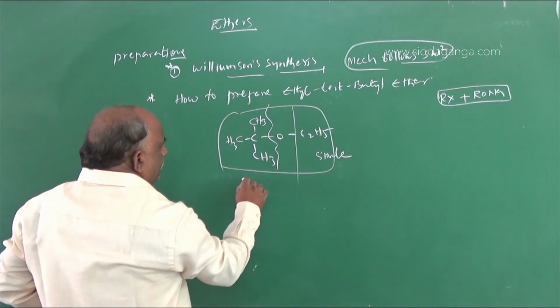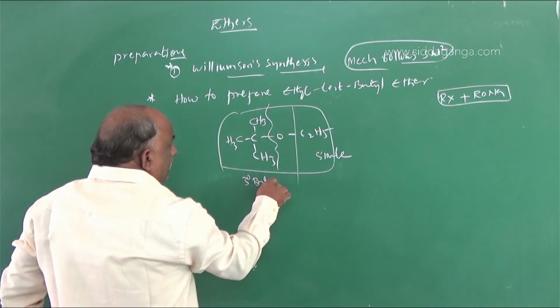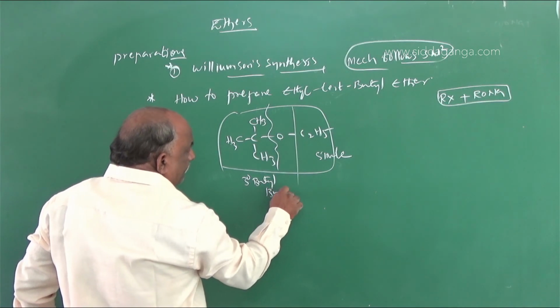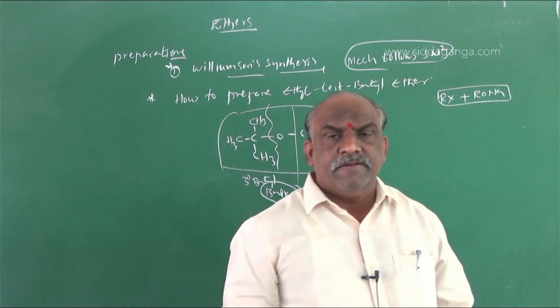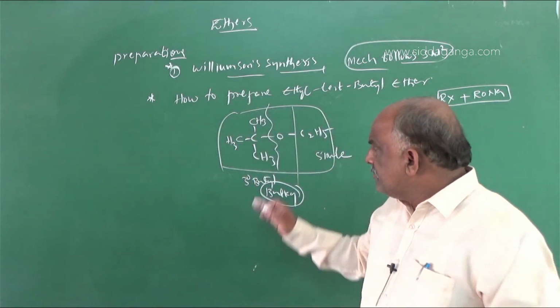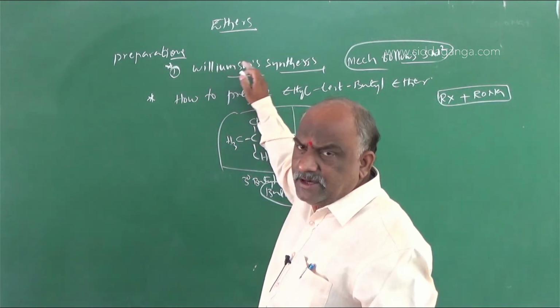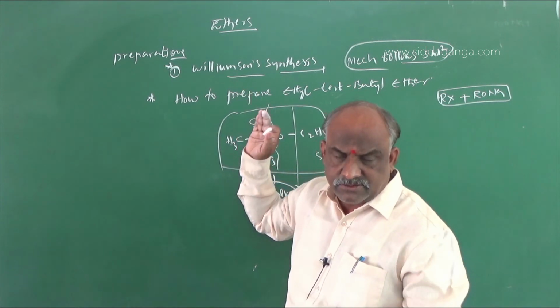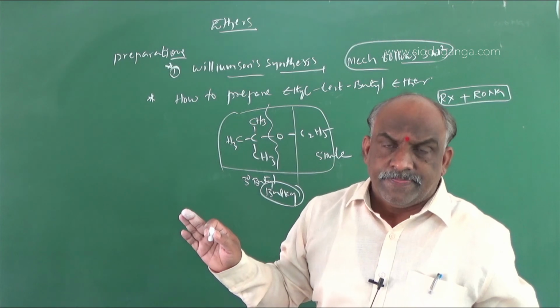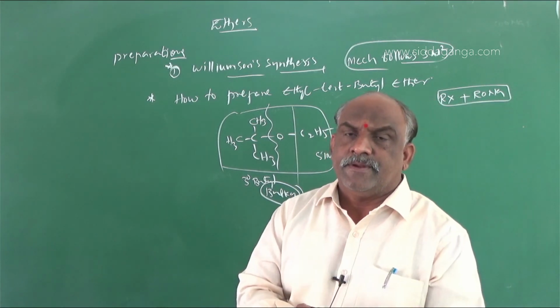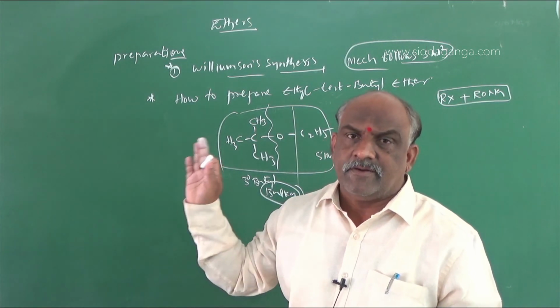Break this side: tertiary butyl is bulky. Remember, tertiary butyl is a bulky group. The ethyl group is simple. So, according to Williamson, what did he say? Williamson said, students, go through with a simple alkyl halide. The remaining part is whatever it may be.